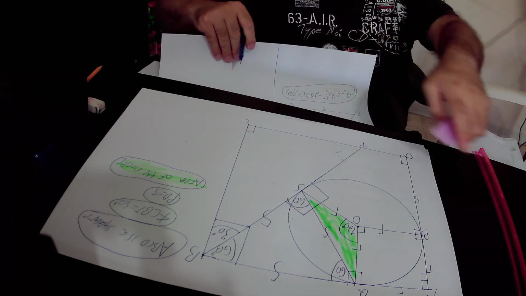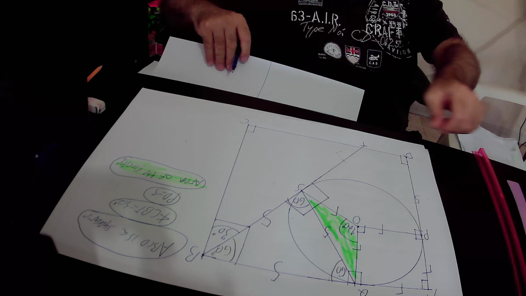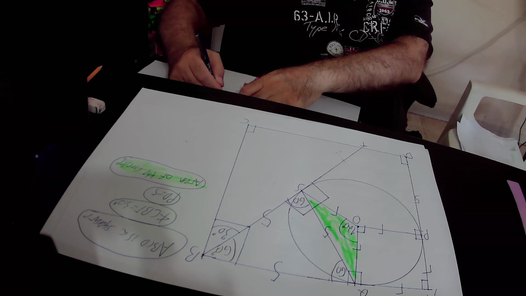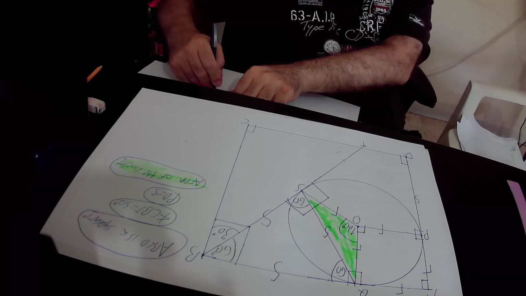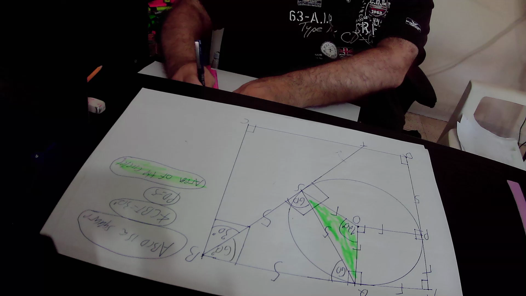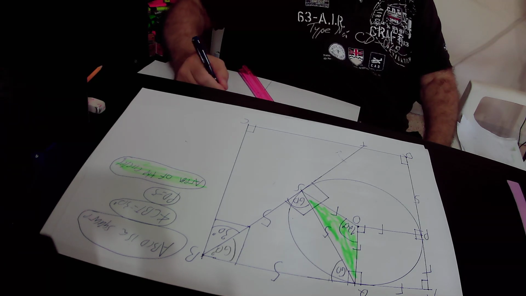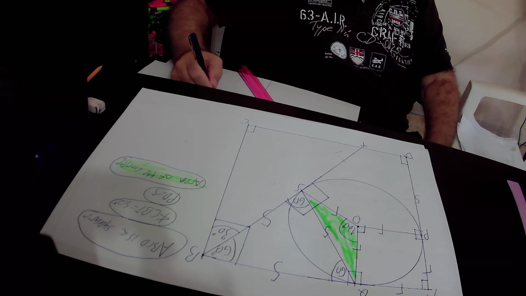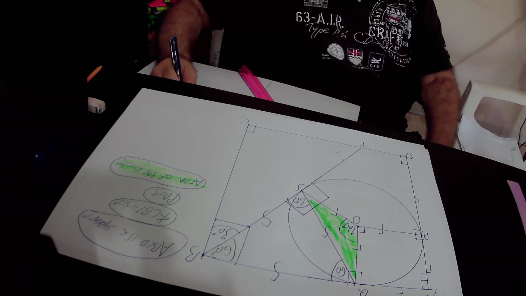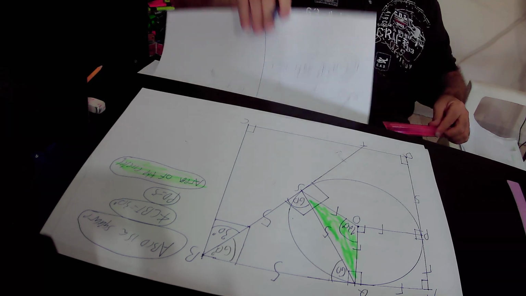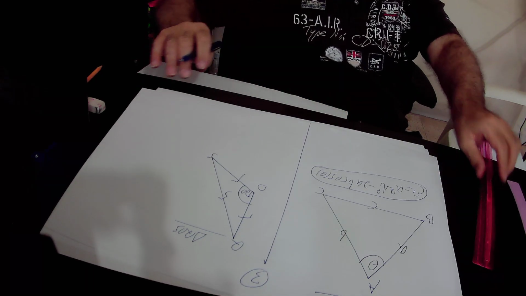So I copy triangle QOS in this new page. This is my triangle QOS, copied from the original drawing.